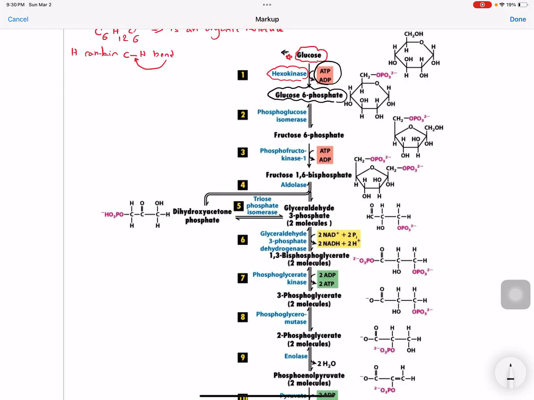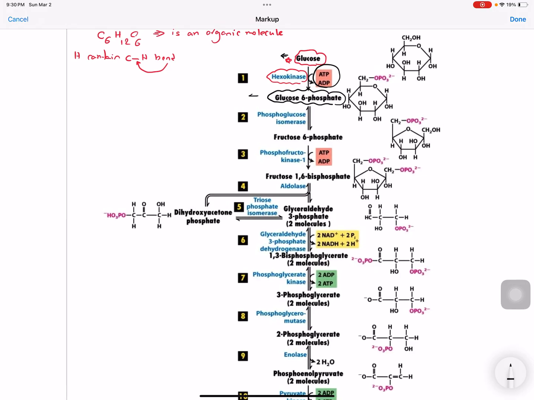So, the enzyme hexokinase attaches a phosphate group from ATP to glucose, converting glucose into glucose 6-phosphate, that we can call G6P.